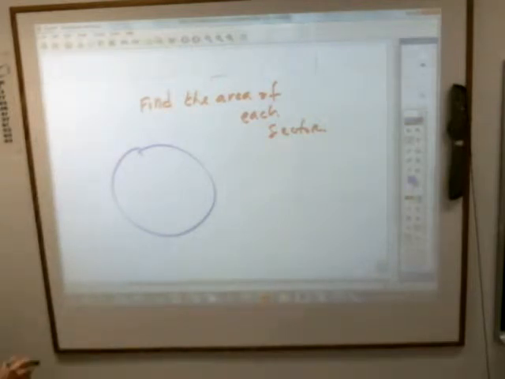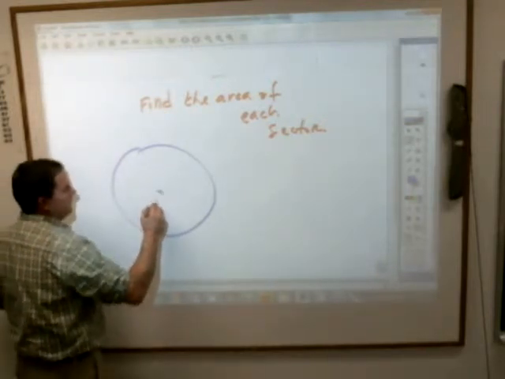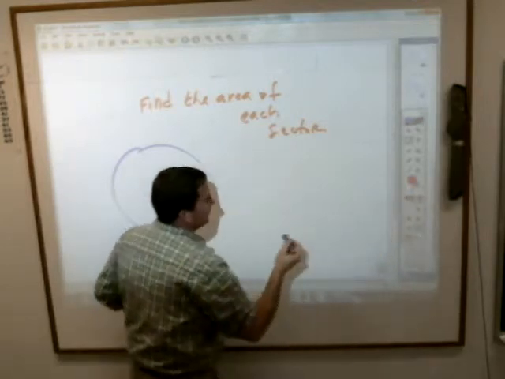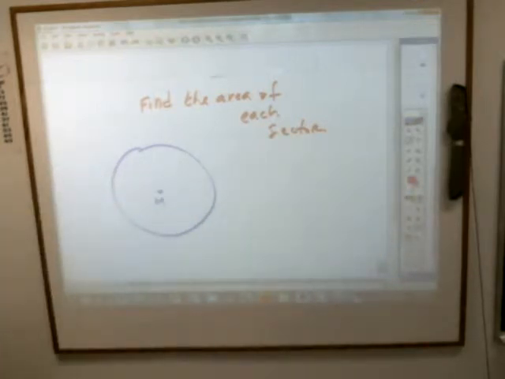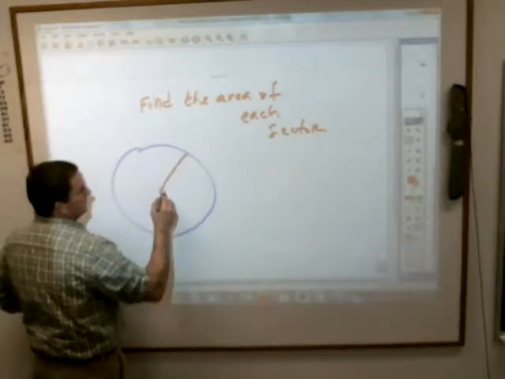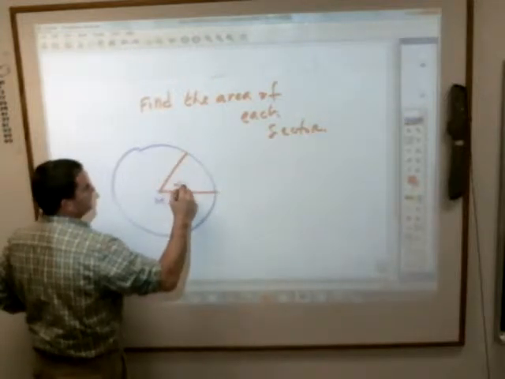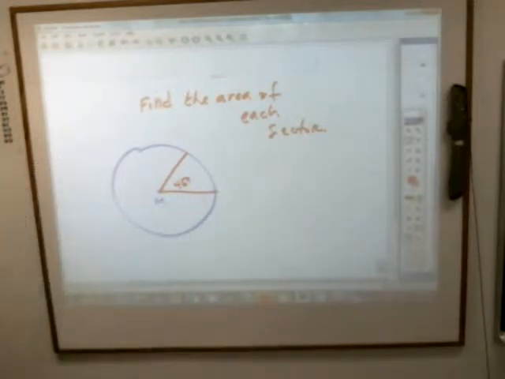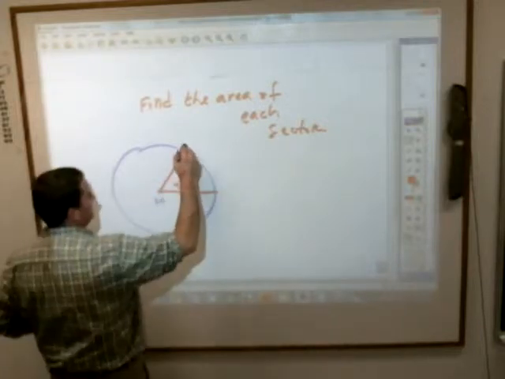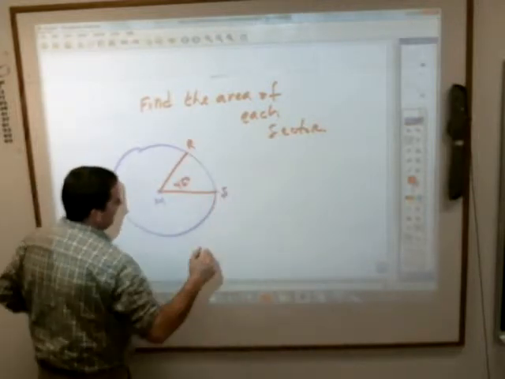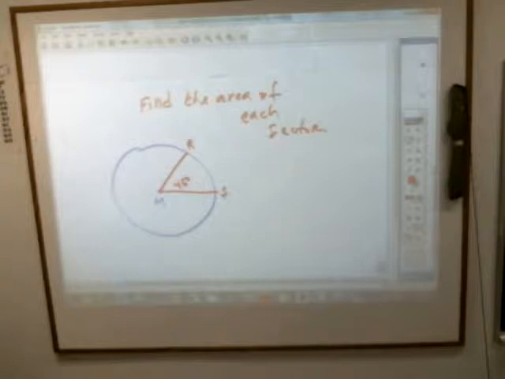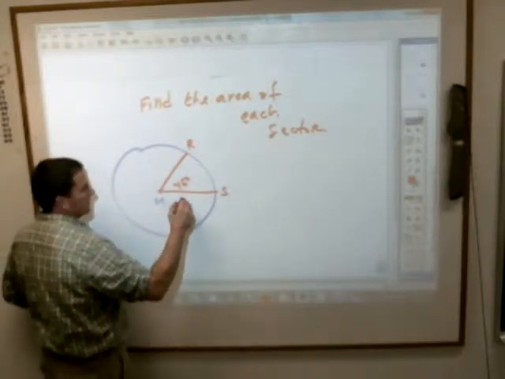And in that circle I have the center M. And it makes a central angle of 45 degrees, R and S. And we know that this is 4 centimeters.